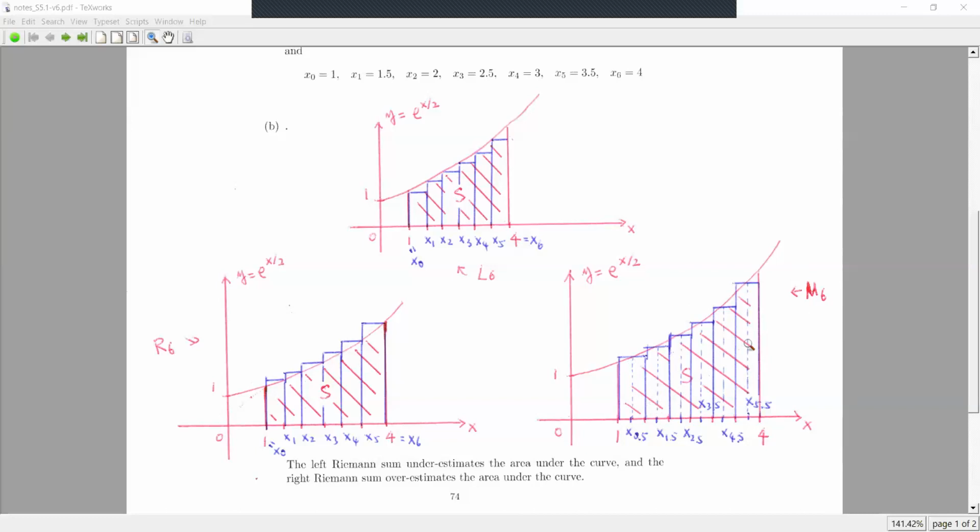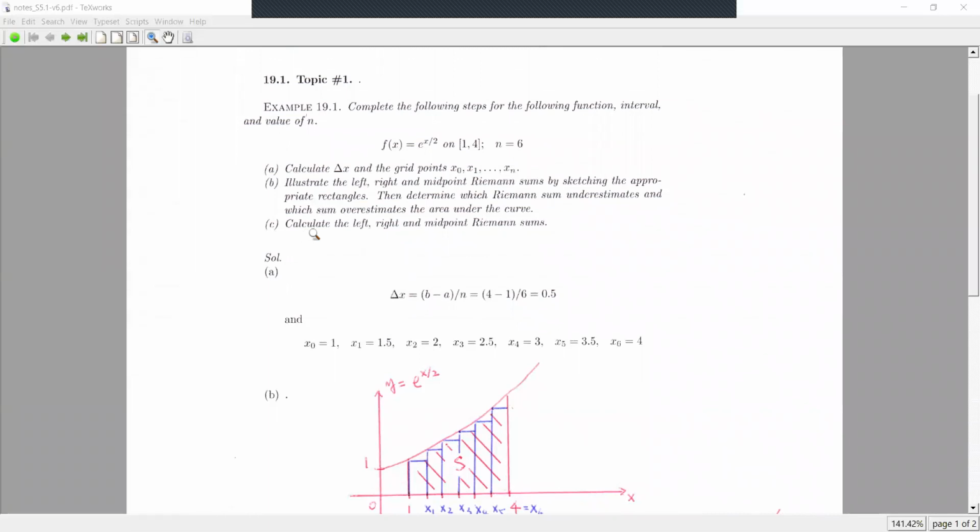So I cannot say that M6 overestimates or underestimates the area of the region S. No conclusion.